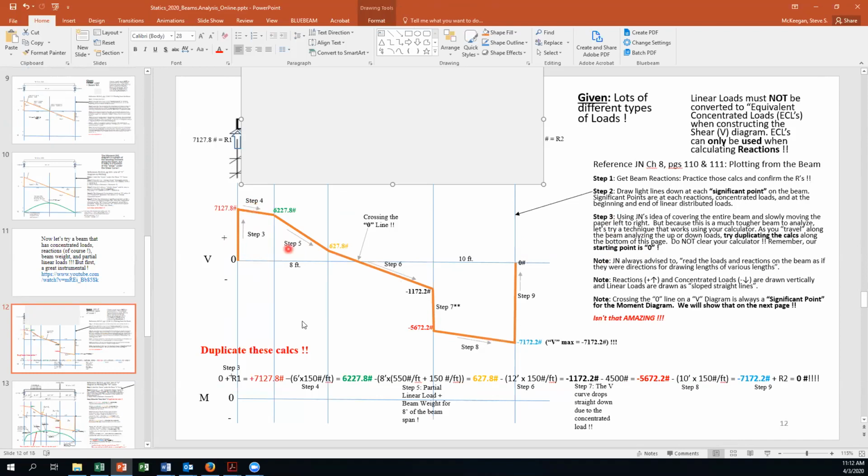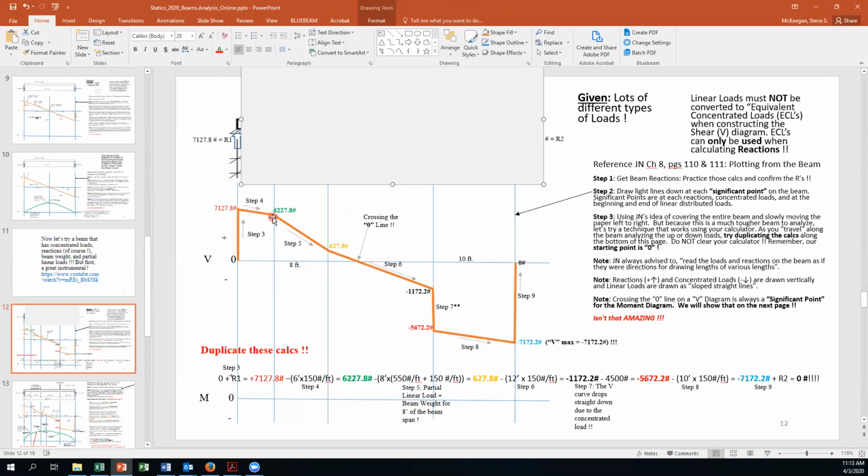So all of the steps here, step 4 is this part. Shows you where the calcs are coming from. So again, 0, straight line up, because that's an upward reaction. 7127.8 pounds. You've got to give values of the shear curve and the moment curve the same way that we do them on this handout.